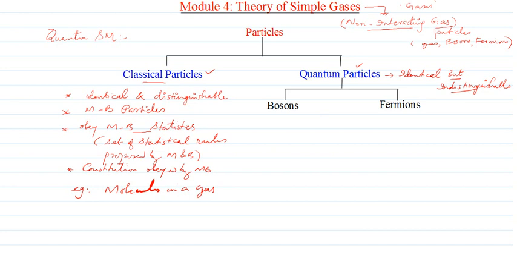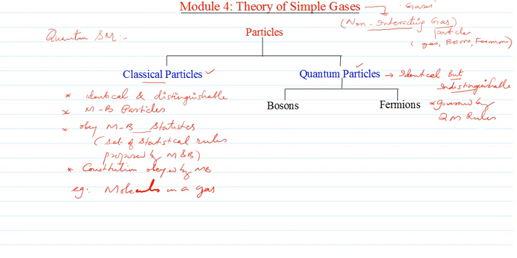Moreover, these quantum particles are governed by what is known as quantum mechanical rules. And the quantum mechanics is an entirely different realm where there are different sets of rules.